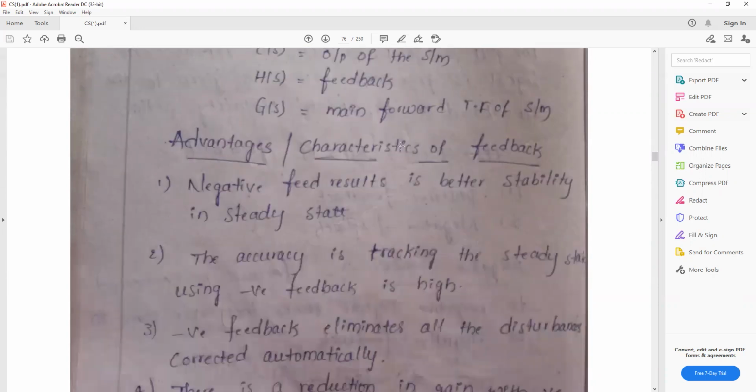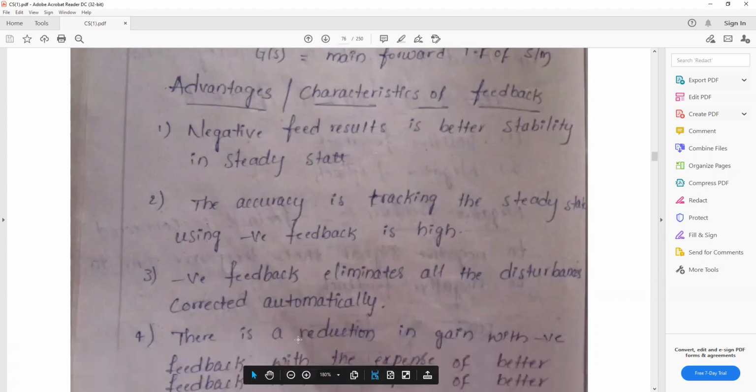And the characteristics of the feedback. First, negative feedback results in better stability in steady state, compared to positive feedback. Second, the accuracy in tracking the steady state using negative feedback is high. Third, negative feedback eliminates all the disturbances, corrected automatically.